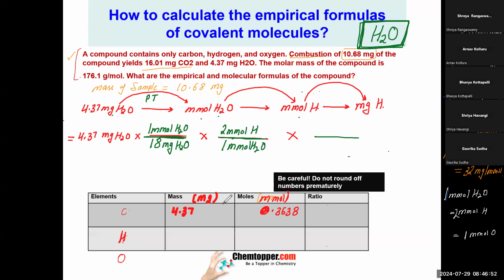We are clear, all of us? Now this is called a molar ratio, mole to mole. For mole to mole, we have to see the balanced equation or the formula. Third ratio, millimoles of hydrogen to milligrams of hydrogen.